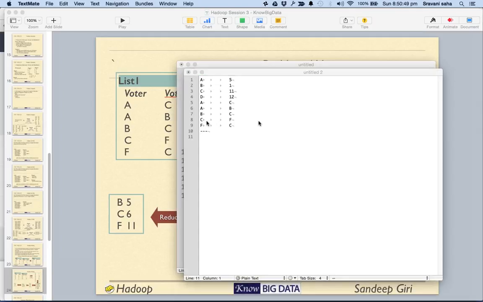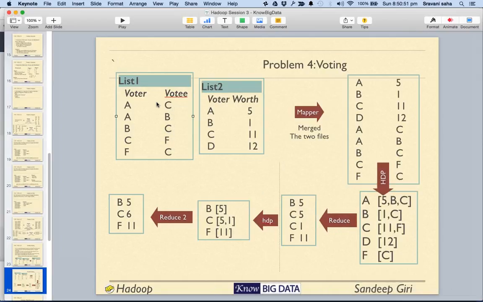Yeah, so basically it's a tab separated file. This is a tab, this is a tab. So the format is exactly the same. A tab C, A tab 5.